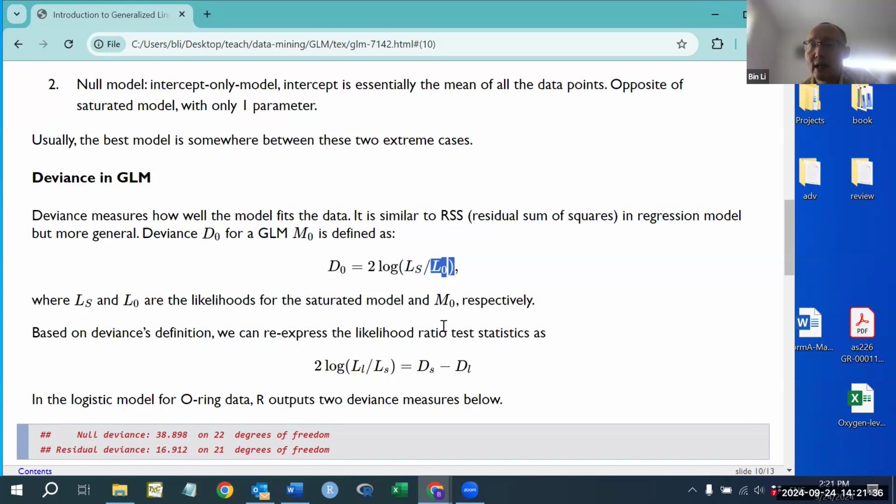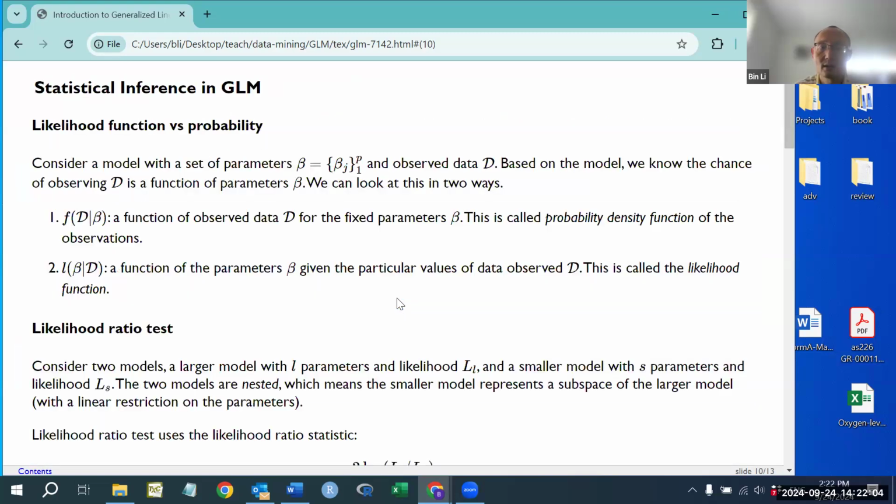For a particular model, model 0, the deviance is the likelihood ratio statistic that compares this model, model 0, with the saturated model. Here the subscript capital S means the saturated model, not the small model. The small model is the lowercase s, but here it is uppercase.